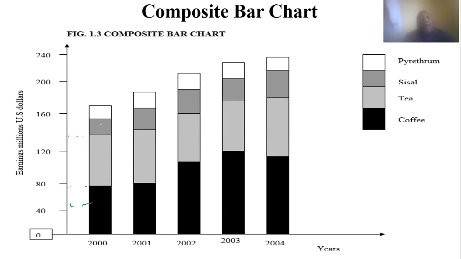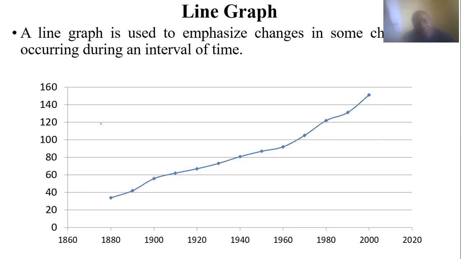Finally, apart from bars, we have line graphs. A line graph is used to emphasize the changes in some characteristics occurring during an interval of time. So lines are plotted. And how do we proceed in having lines plotted?